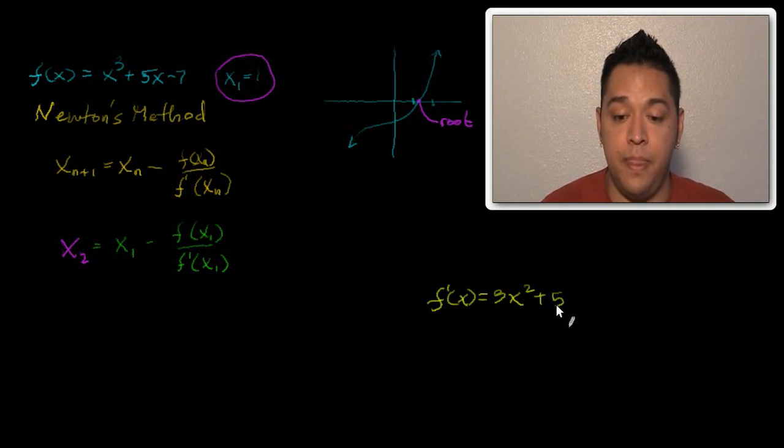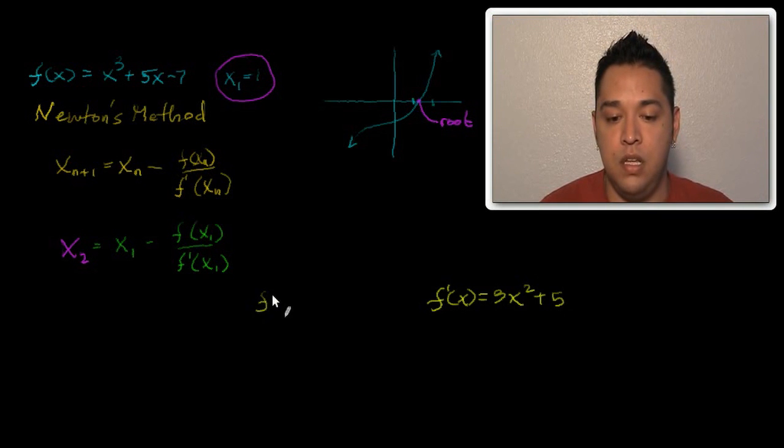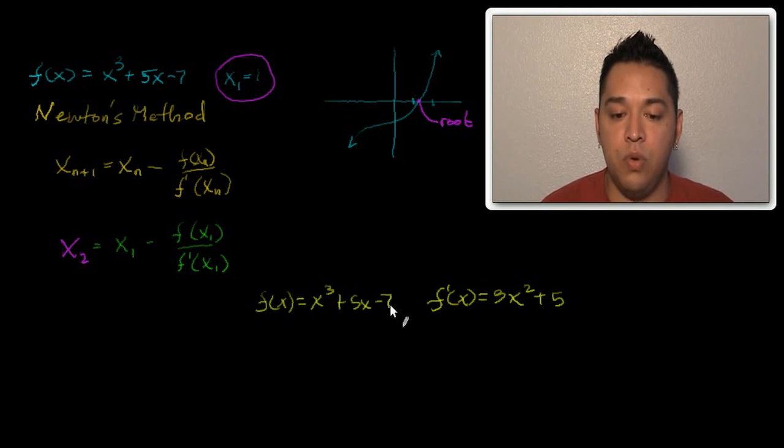And that's it. I also need my original equation, f of x is equal to x cubed plus 5x minus 7. What I'm going to do with those two results is divide whatever I get from here by whatever I get from here.